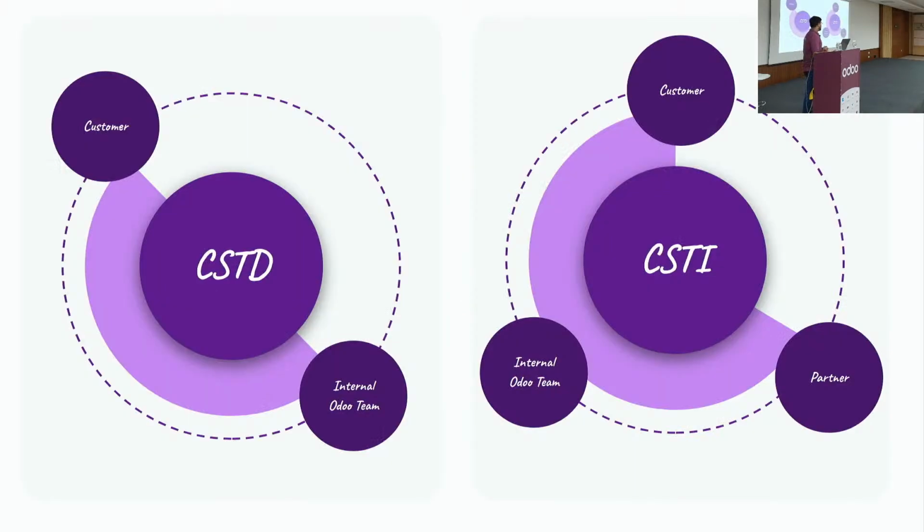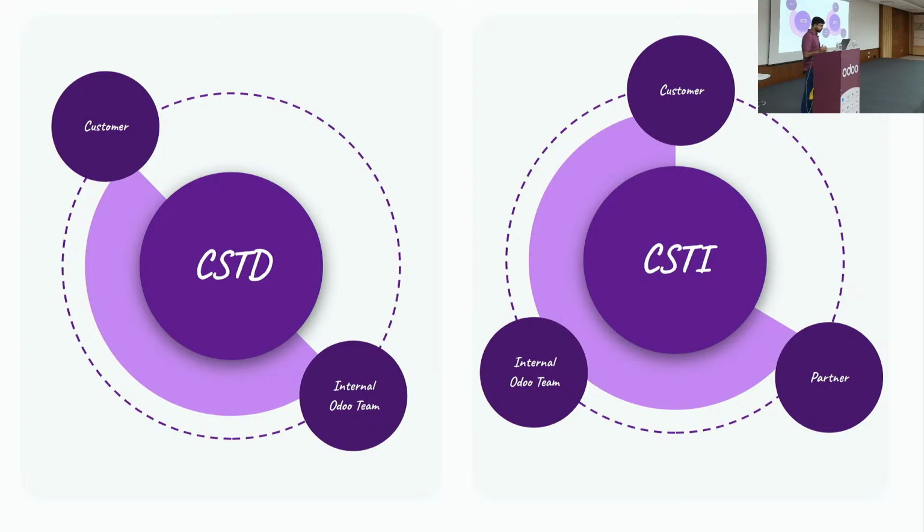As I said, the CST direct team has the direct customers. They are the bridge between the customers and our internal Odoo team. Internal Odoo team could be any team, right? It could be the support team, upgrade team, R&D team, or the technical team.